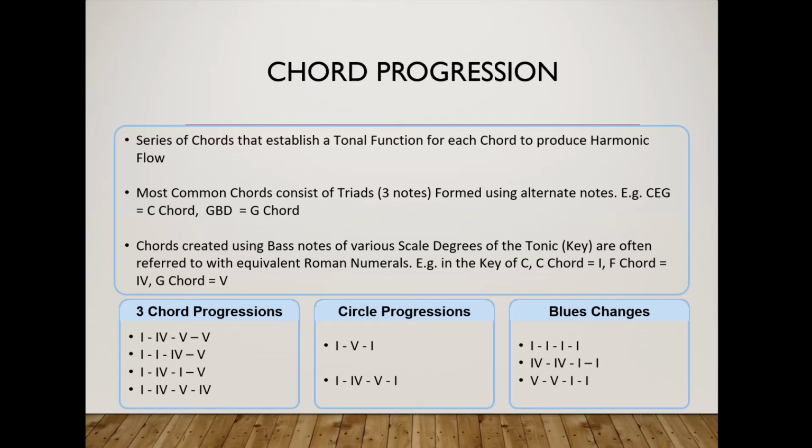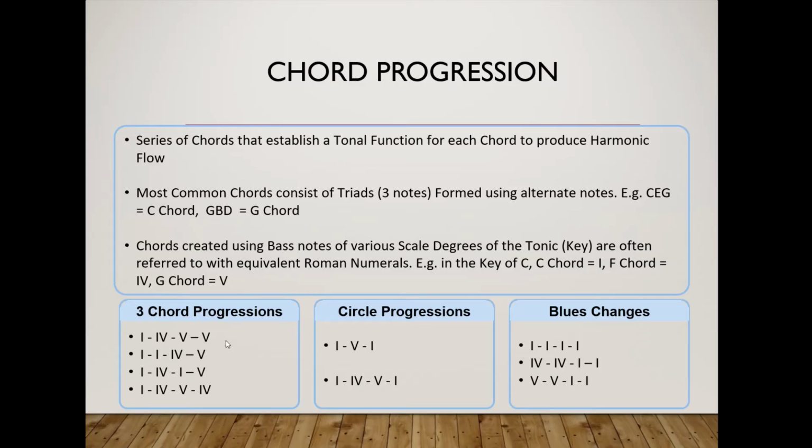All right, let's look at chord progression. Chord progressions are a series of chords that establish a tonal function for each chord to produce harmonic flow. Most common chords consist of triads formed using alternate notes. C, E, G equals a C chord, G, B, and D equals a G chord. So we've got all of these different chords that we can build, and there are a lot of recurring progressions that we tend to find pleasing.